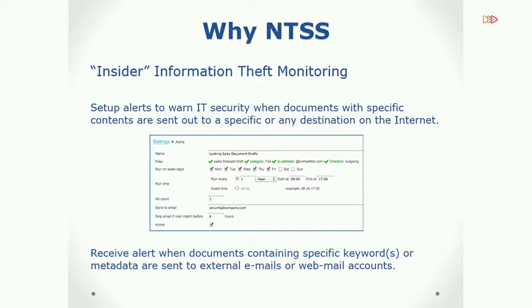You can easily set a trigger alarm which will detect that somebody is trying to send an email with a certain type of attachment, let's say a Word document, it doesn't matter, you can set anything you want, to an outside email address. The moment this email is sent, the administrator of NTSS will receive an email: this person sent this email to that email address with that attachment. And you can, of course, because it's NTSS, go and see what exactly was sent and take action.